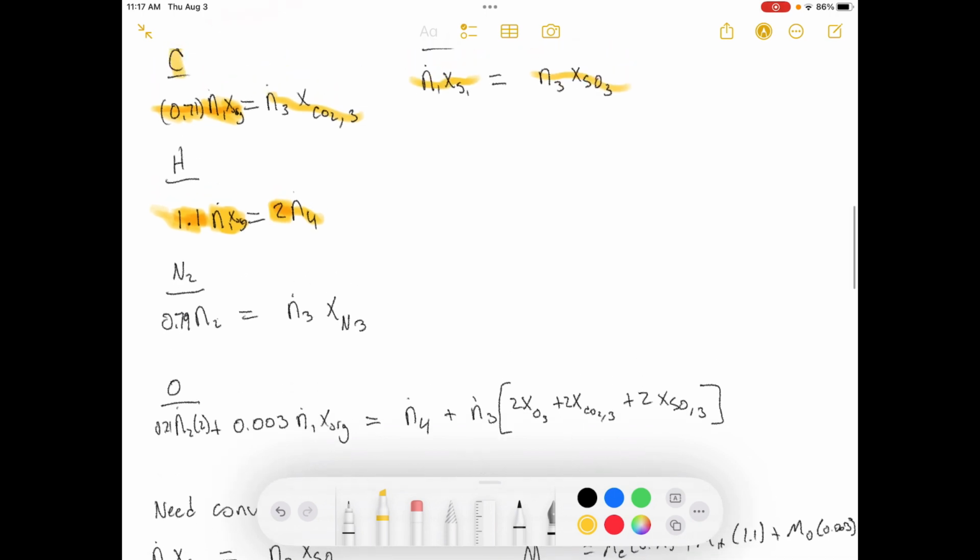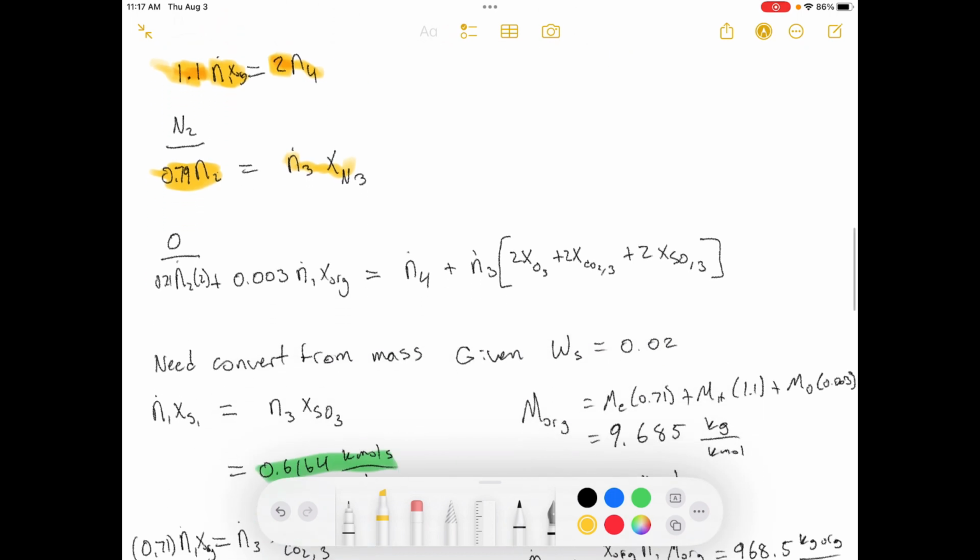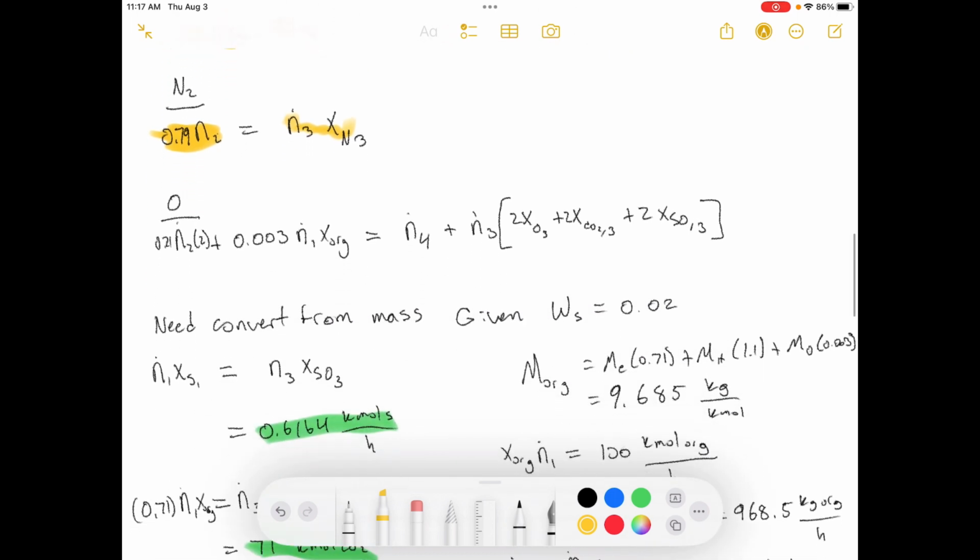So we've got a certain amount of nitrogen going in the air, and then we have a certain amount of nitrogen going out the stack. That's what that one is. For every mole of oxygen gas, we have 2 moles of oxygen atom.